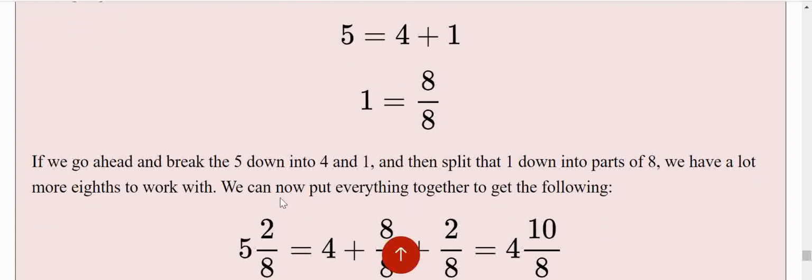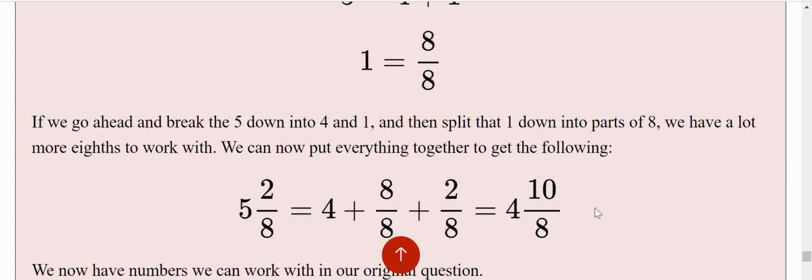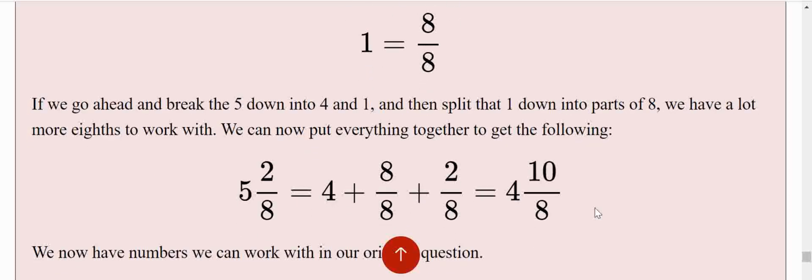If we go ahead and break the 5 down into 4 and 1, and then split that 1 down into parts of 8, we have a lot more 8ths to work with. We can now put everything together to get the following. 5 and 2/8 is equal to 4 plus 8 over 8 plus 2 over 8, and that's equal to 4 and 10/8.